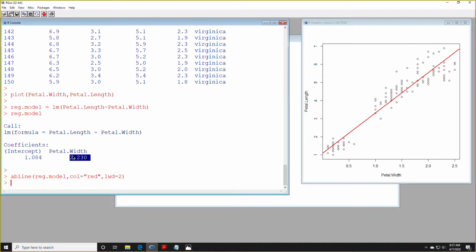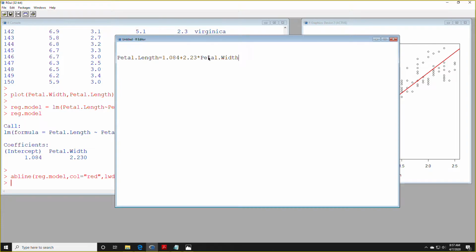However, as I've said before, the slope parameter is usually the one that's pretty much always going to be of interest. And so whenever we increase a petal's width by 1, we increase x by 1, then the response variable, the petal length, increases by 2.23.